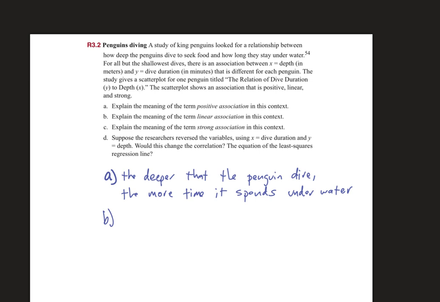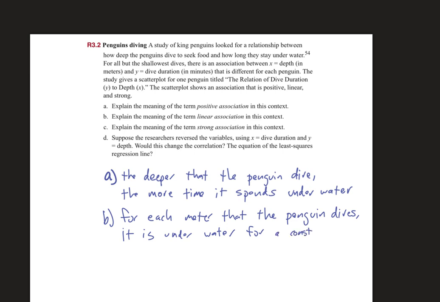So something like that. For every meter that the penguin dives, it's underwater for some constant amount of time.